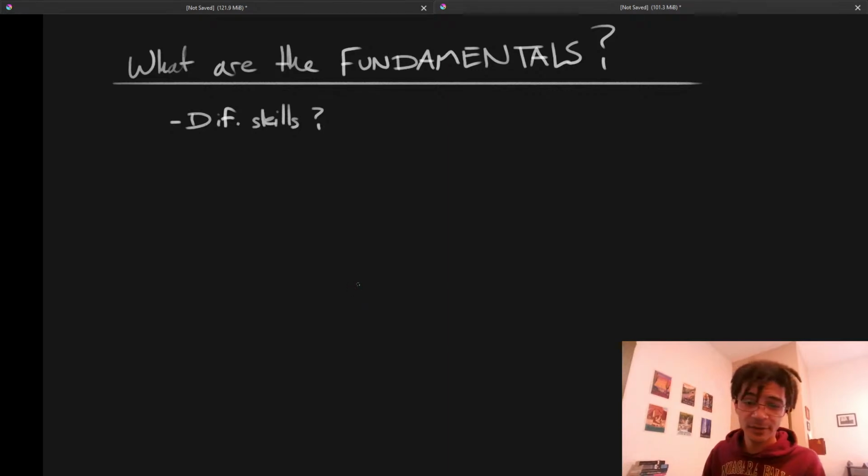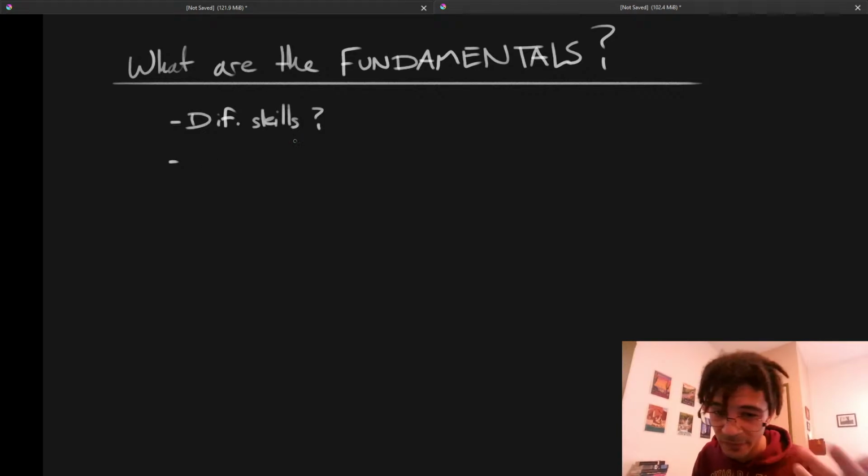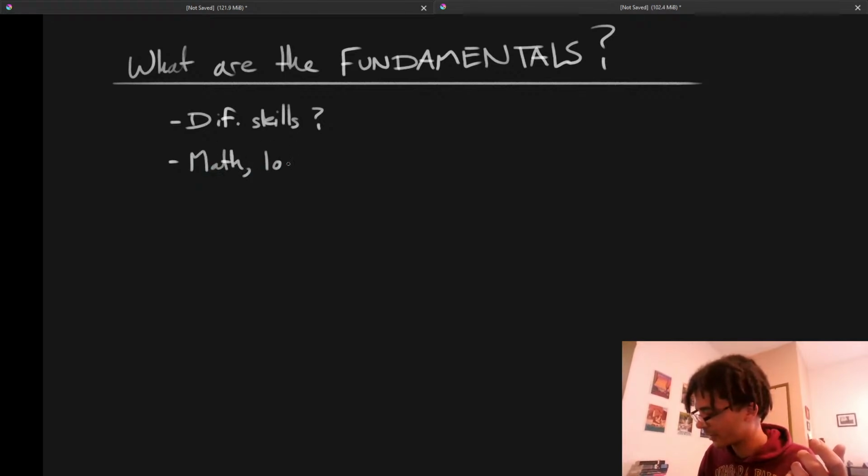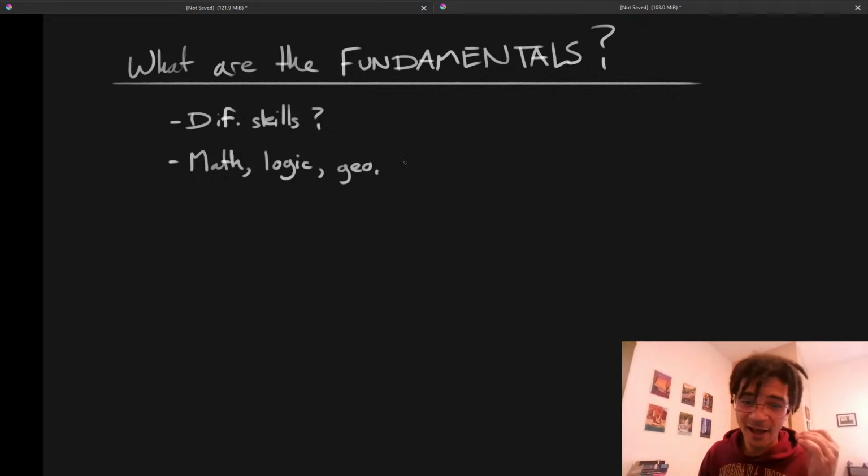So in general, I mentioned things like 3D geo. What that is about is understanding mathematics, logic, and geometry as it pertains to practice in the real world, right? So it's practical mathematics, it's applied, right?